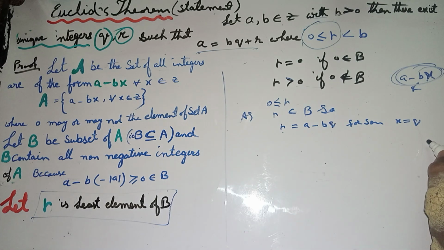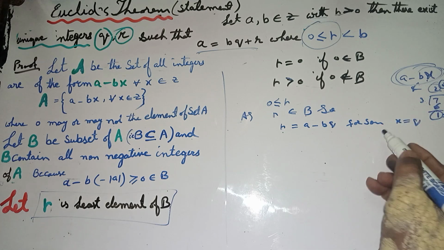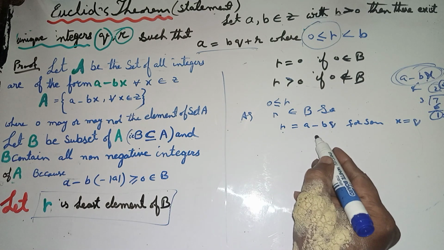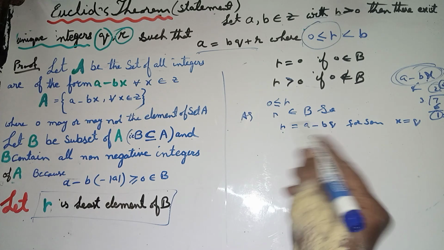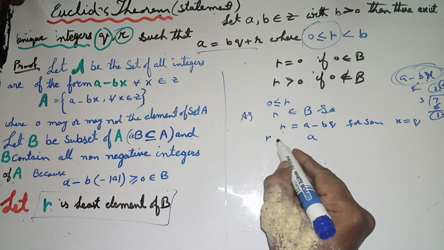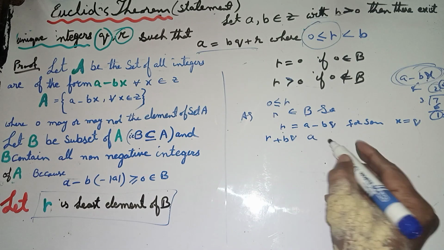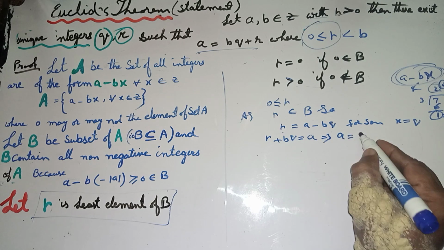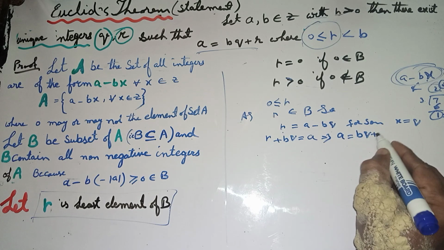As we write here, example 7 = 3 * 2 + 1. When r is equal to 1, then there must be a particular quotient q. We did not write x here, so we write q. So we can write a equals r plus bq, which implies a is equal to bq plus r.